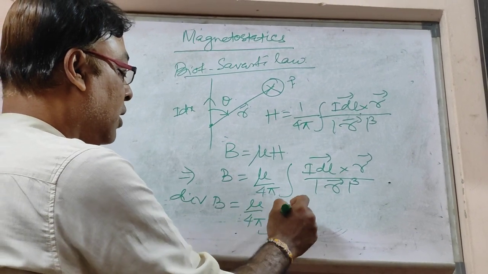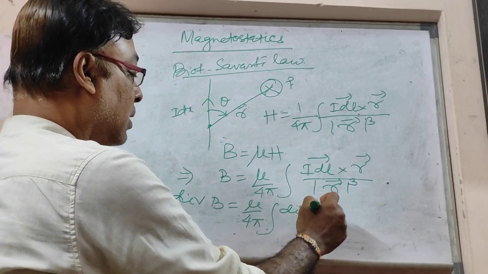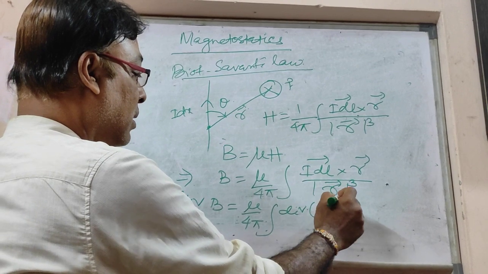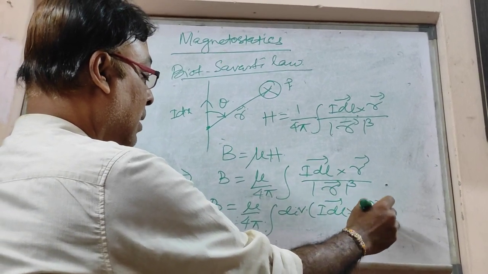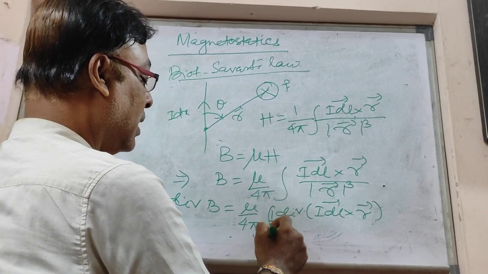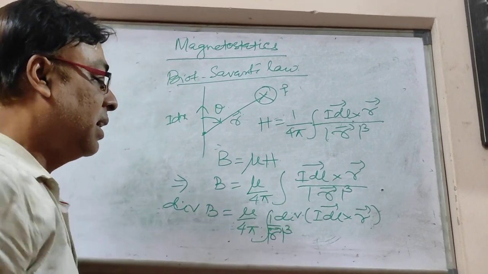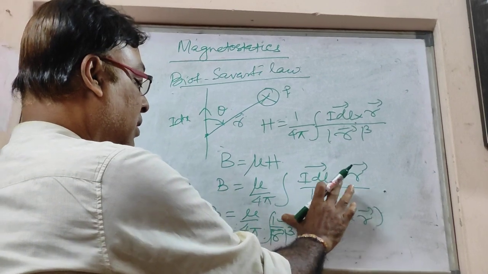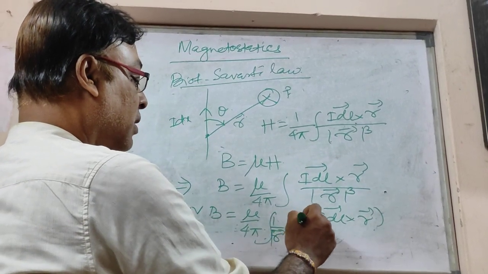Mu by 4 pi is a constant, and 1 by R cube, being a magnitude, can be taken out of the divergence of Idl cross R.